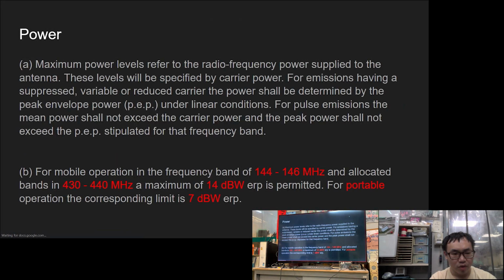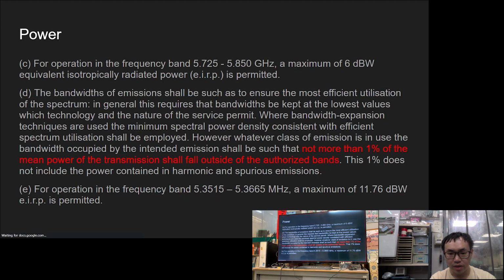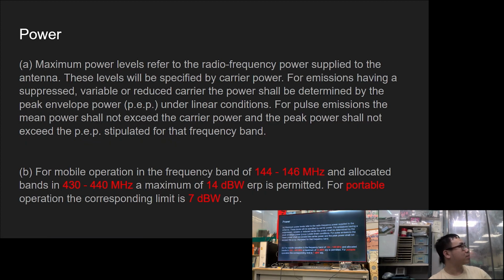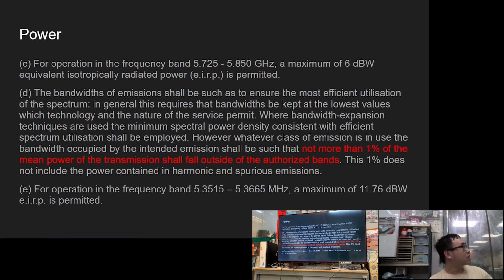Go for this one. So we see two different words here, right? The first word is EIRP, and the second word is PEP. I will explain these two words first before we go to the modulation, because it's important.